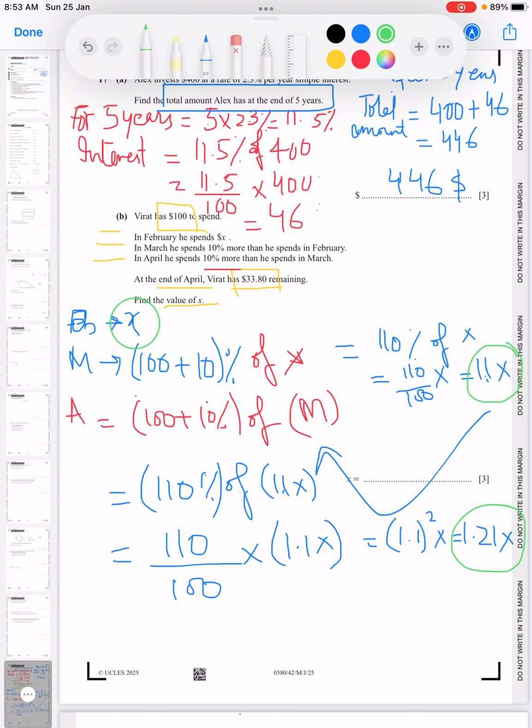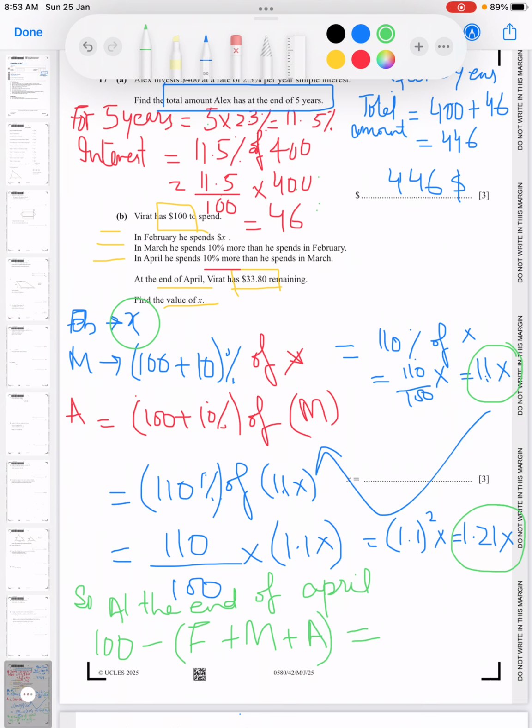Okay, now let's write the equation for the whole investment. At the end of April, we started with 100, minus the expenditures of February plus March plus April.